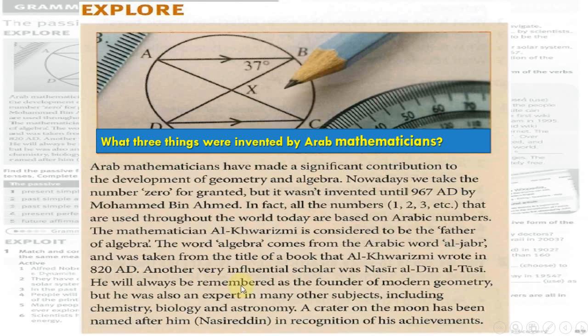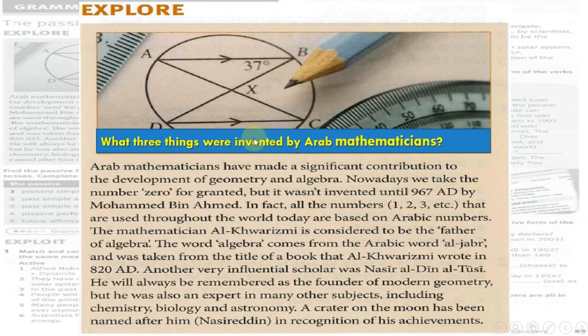He will always be remembered as the founder of modern geometry, but he was also an expert in many other subjects, including chemistry, biology, and astronomy. A crater on the moon has been named after him, Nasruddin, in recognition of his achievements.